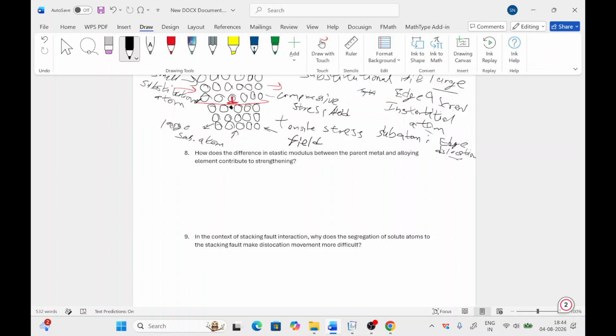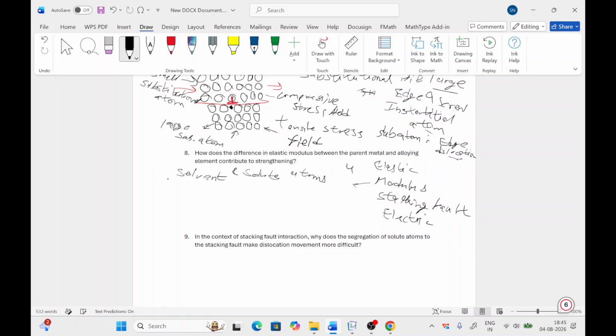So the interaction between solvent and solute atoms is of four types: elastic, then modulus interaction, next is the stacking fault, and fourth is the electrical interaction.